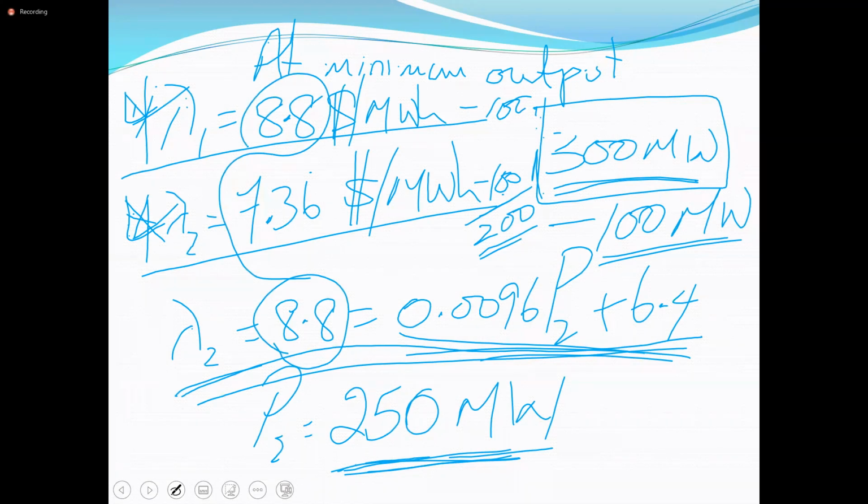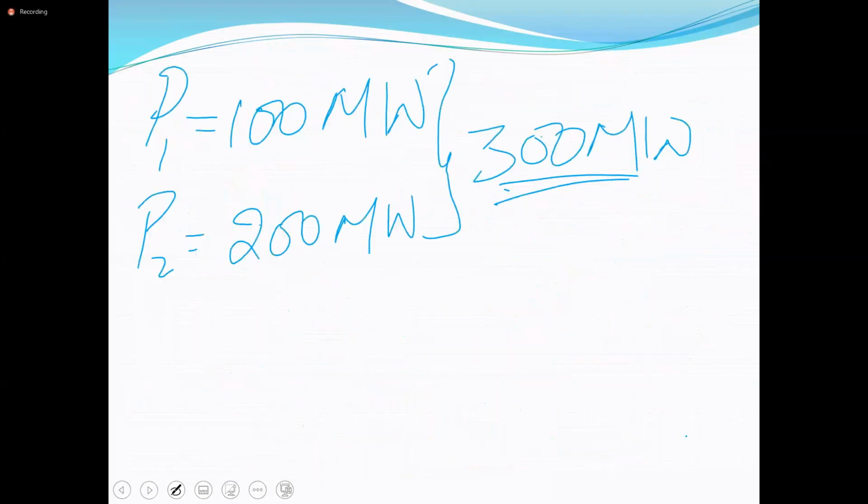So if I need to get all the way up to 250 before it gets as inefficient, then I'm going to reach 200 with the cost not less than the $8.80. So that's why I have unit 1 still maintaining its minimum at 100, but unit 2 going up to 200 because the demand on the system is 300 megawatts. I see it now, sir.